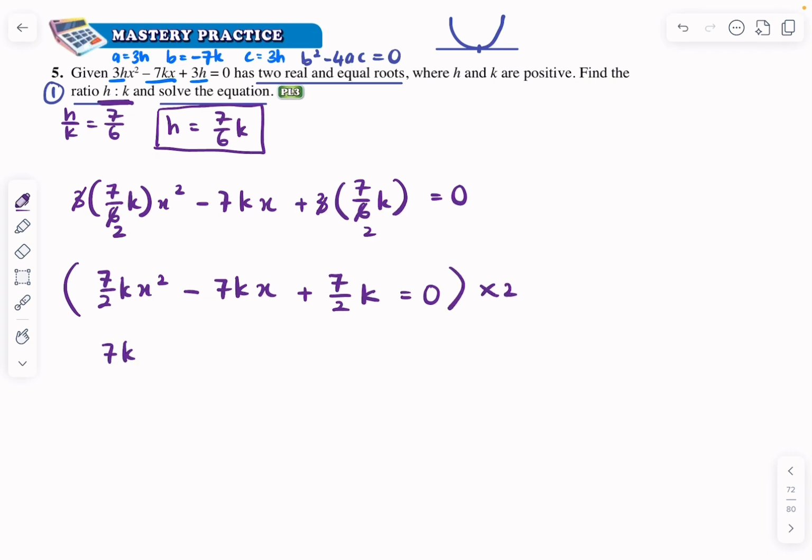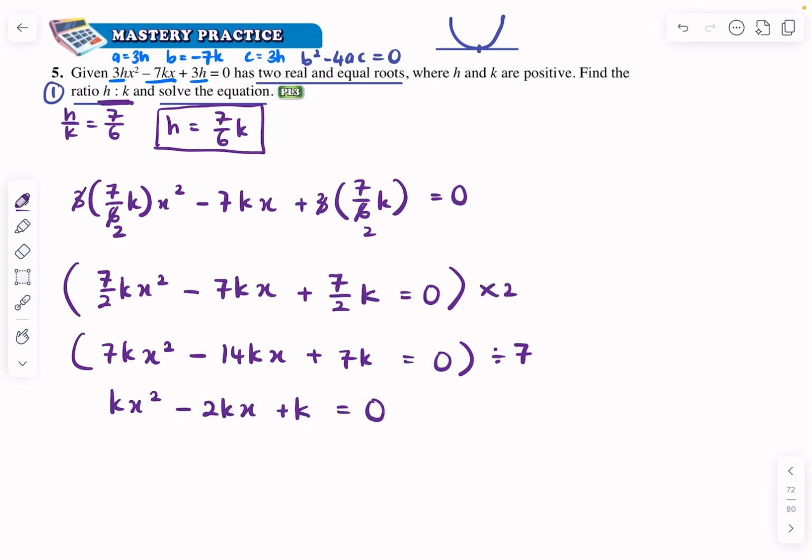You get 7k x square minus 14k x plus 7k equals to 0. Now the whole equation we can divide by 7, since all are factors of 7. So we'll get k x square minus 2k x plus k equals to 0.